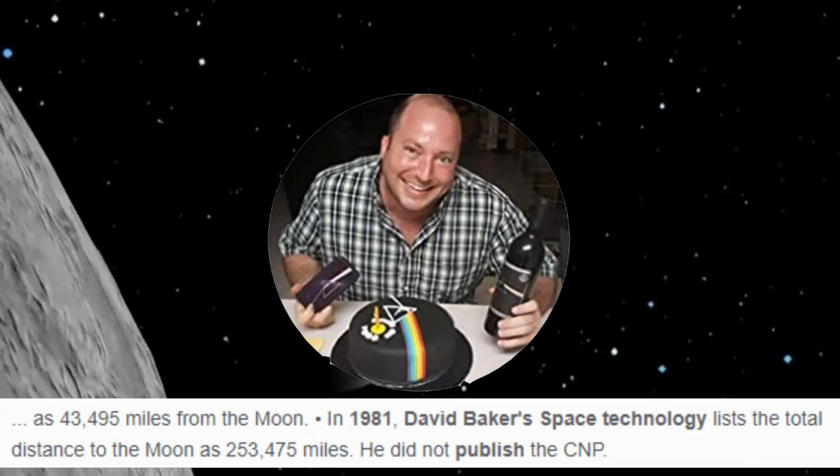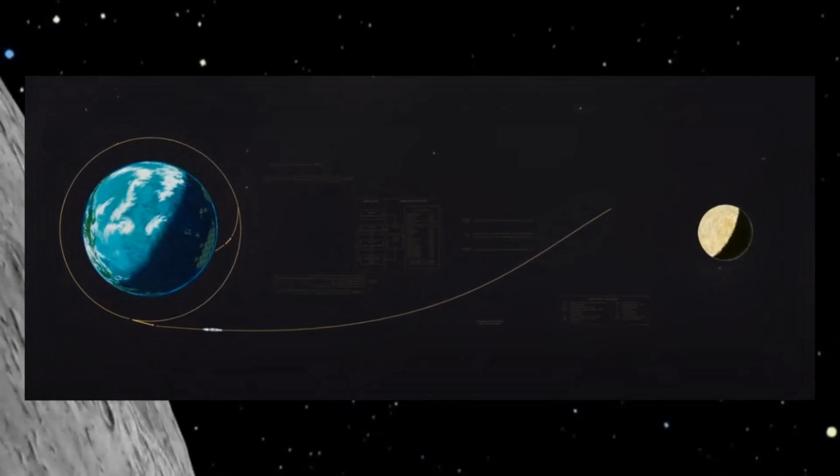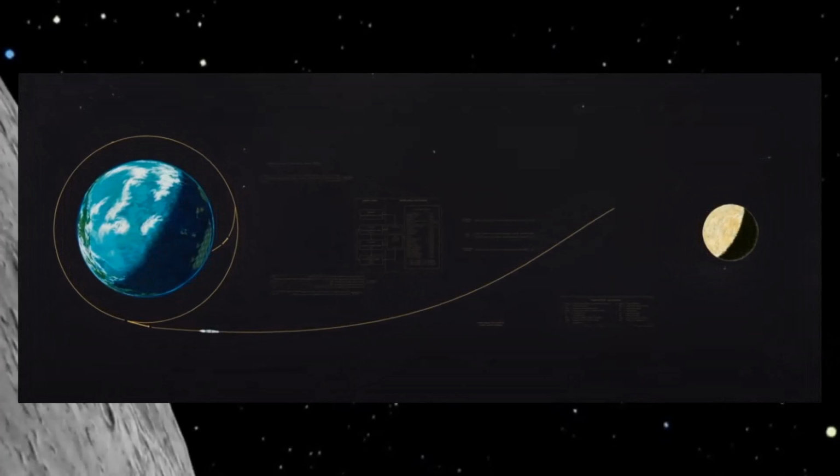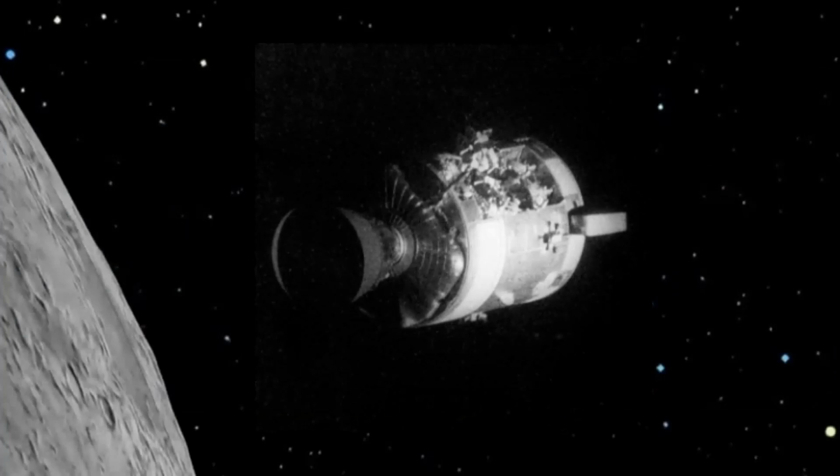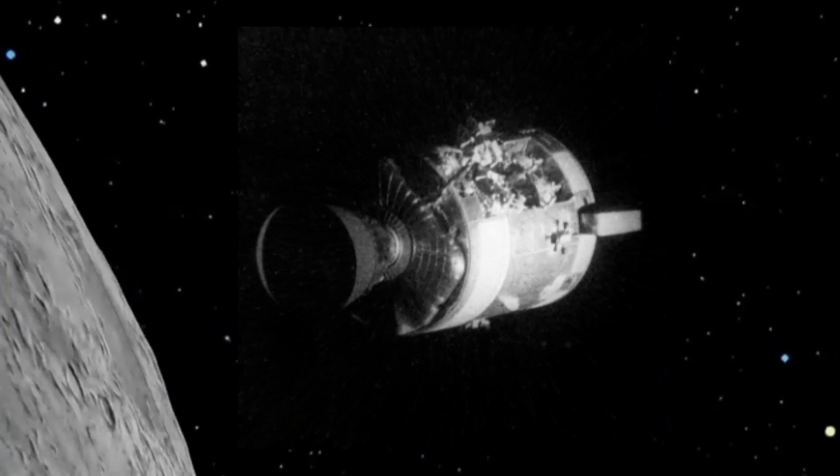In 1981, David Baker's Space Technology lists the total distance to the Moon as 253,475 miles. He did not publish the CNP, but his total distance between the Earth and the Moon differs from that of Isaac Newton. David Baker was involved in the Apollo 13 mission.